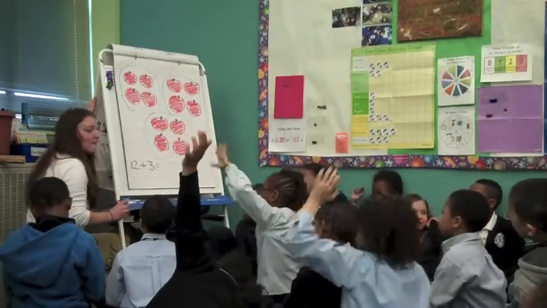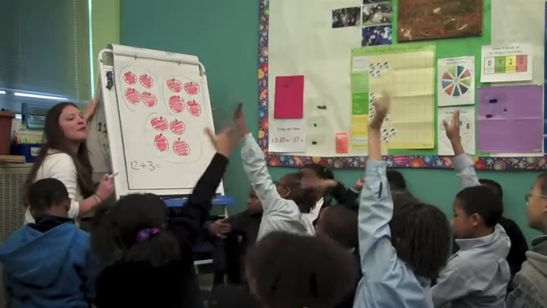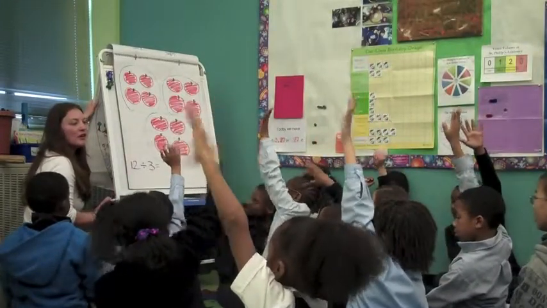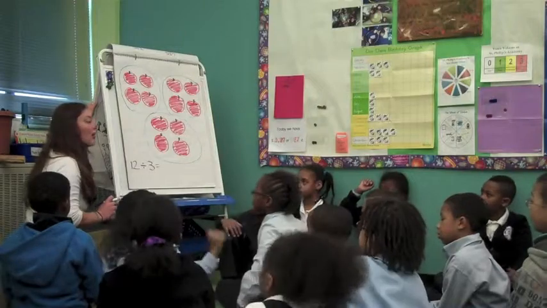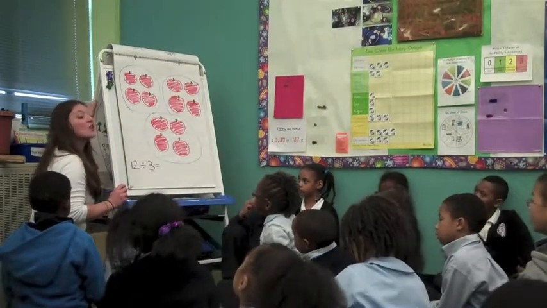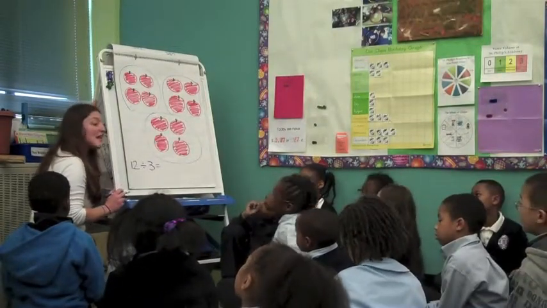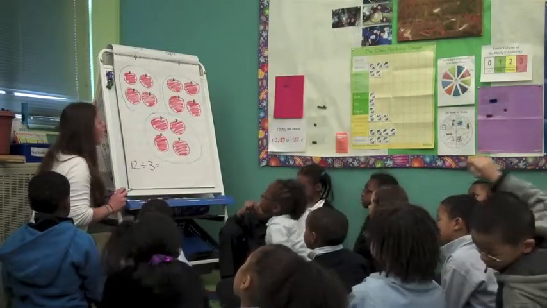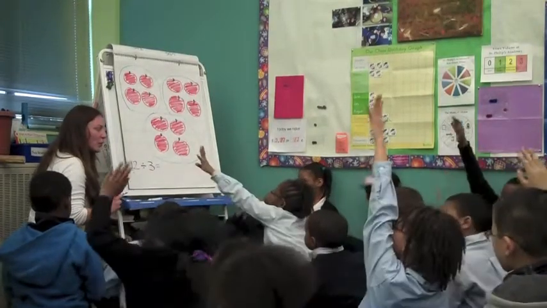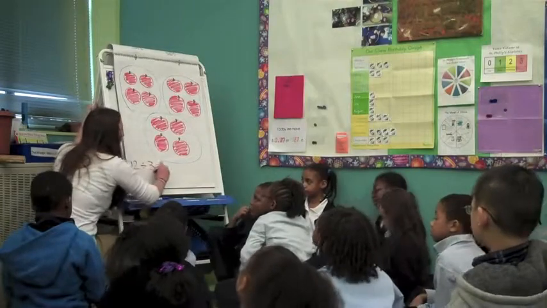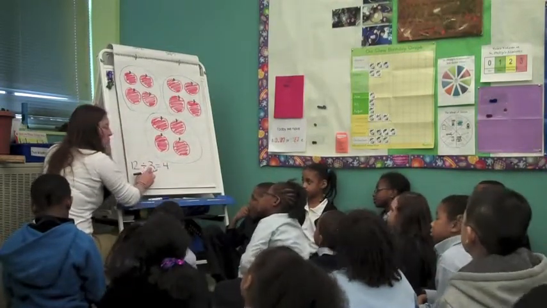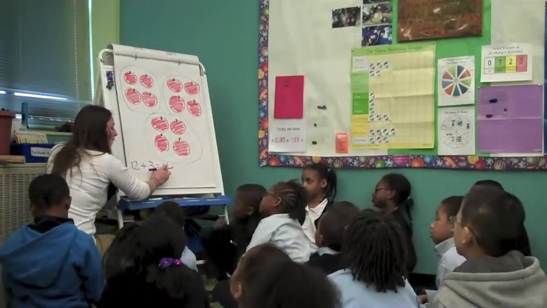It's 4. But where did he get the number 4? Claude? From the set. Okay, remember, it's not called a set. It's called the number inside the group. So, how many are inside the group, Winter? 4. So 12 divided by 3 equals 4.